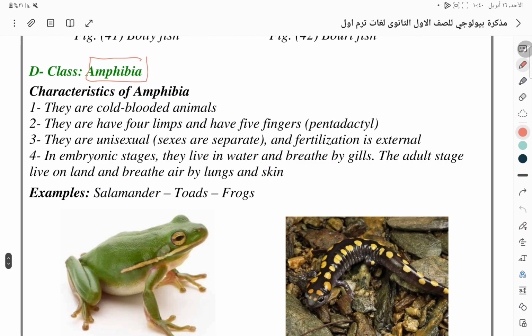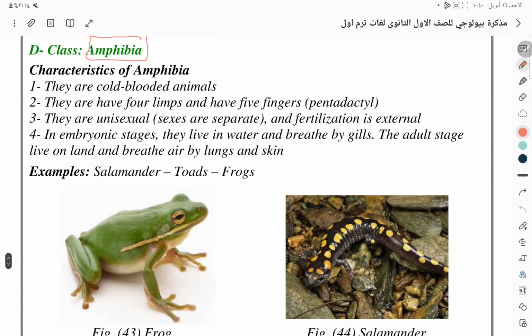Class Amphibia. It is a new class. They are cold-blooded animals. What do I mean by cold-blooded? The animal can't control its temperature; its body temperature may change with the environment.